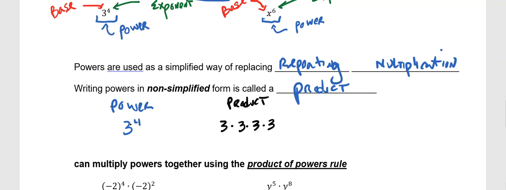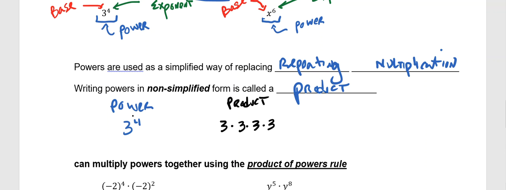This is not saying that we're multiplying 3 four times. If I took that literally, I would see 4 multiplication signs, and as a result I would see 1 more than that for the number of bases. So I would see 5 bases, and that's not what's going on.